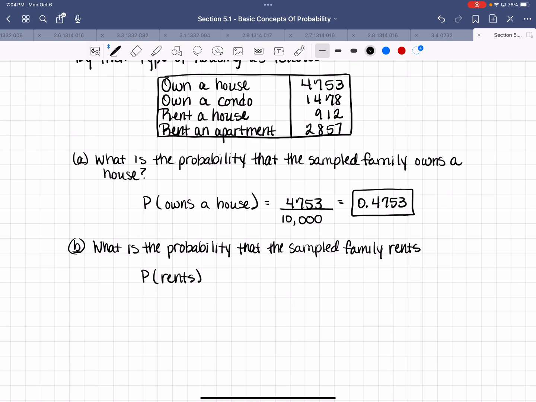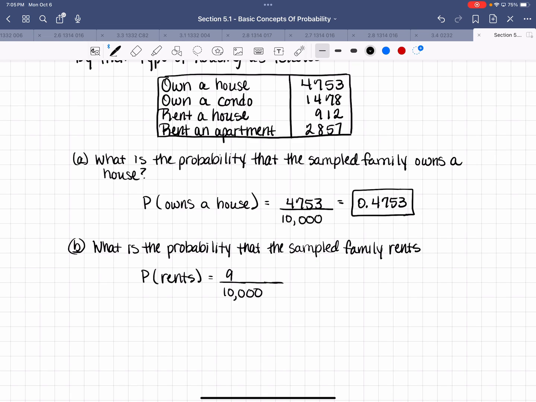Okay, now this one's a little different, right? But let's think about it. We know the total's the same. There's still 10,000 families that we're choosing from, right? But it says rents. And we have two different kinds of rentals going on. We have rents a house or rents an apartment. Okay, so that top number is going to be a sum of everybody that rents.